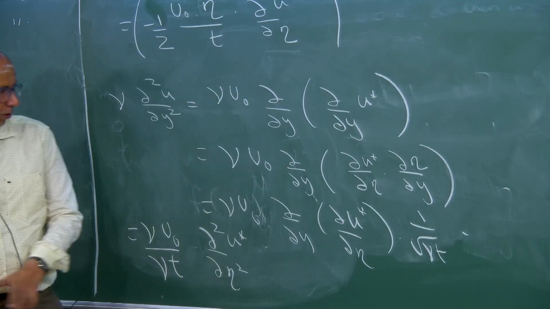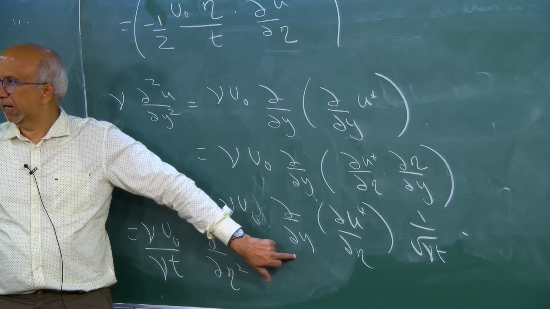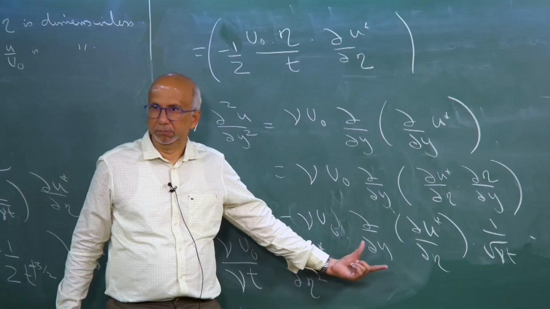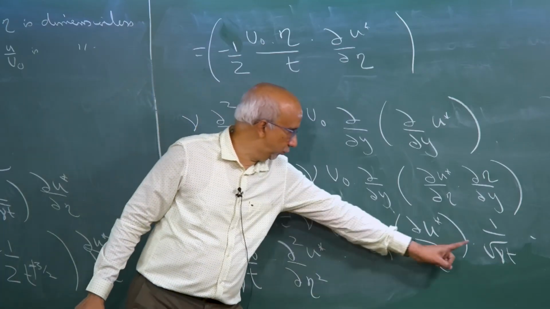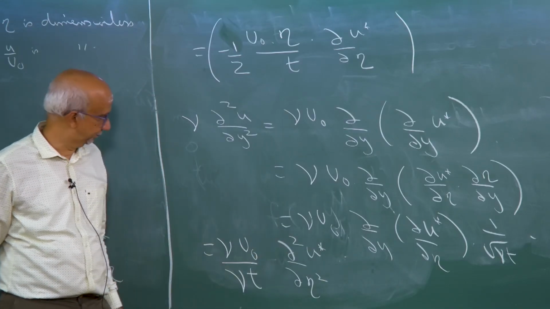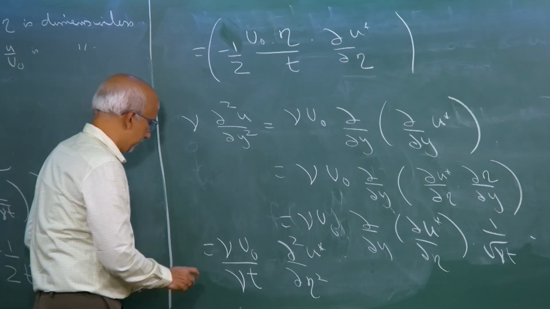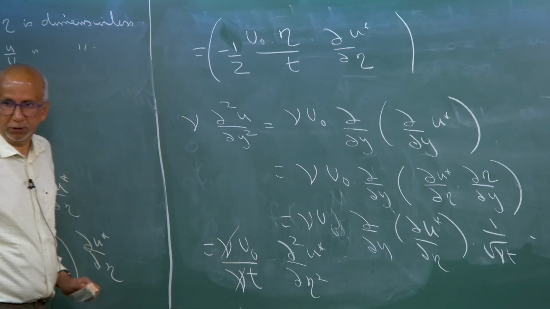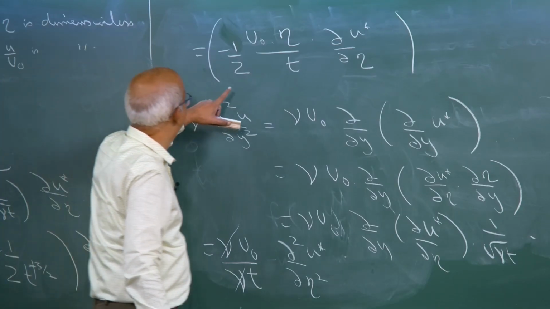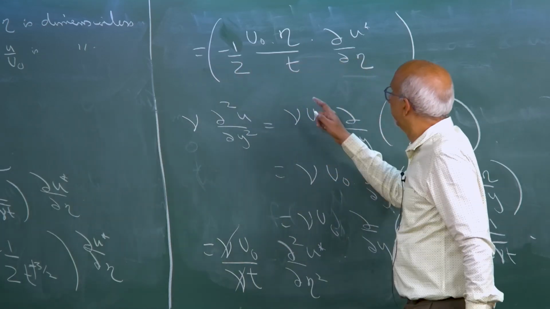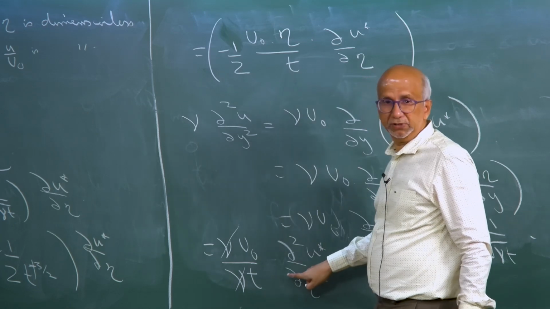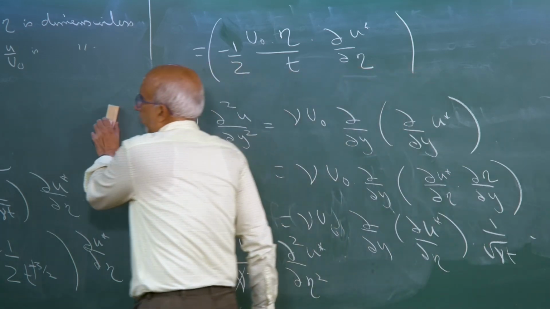Okay. What have I done? I have just converted this d by dy to d by d eta. Another square root of nu t will come. That square root of nu t and this square root of nu t will give me nu t. So, now I am really a happy guy because this nu cancels off. The left hand side is the time derivative of u, this is the derivative with respect to y, and I need to substitute it here.